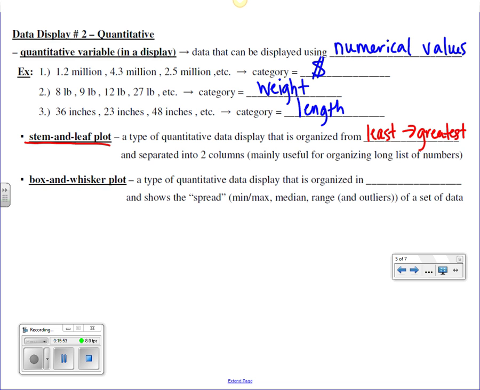And we're also going to be doing box and whiskers, which we did in Math 1. So if you had me or Miss Patterson, you definitely have done these before. A type of quantitative data display that is organized in quartiles. Q1, Q2, Q3. We did those in Math 1. Okay.